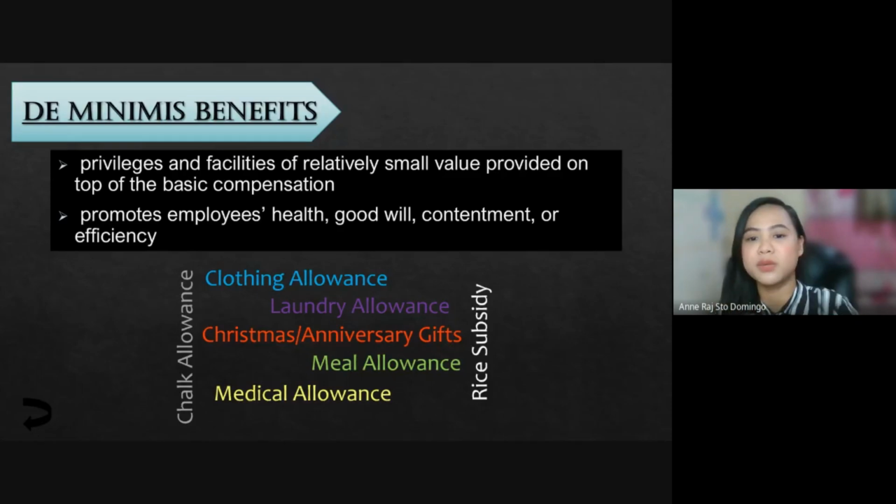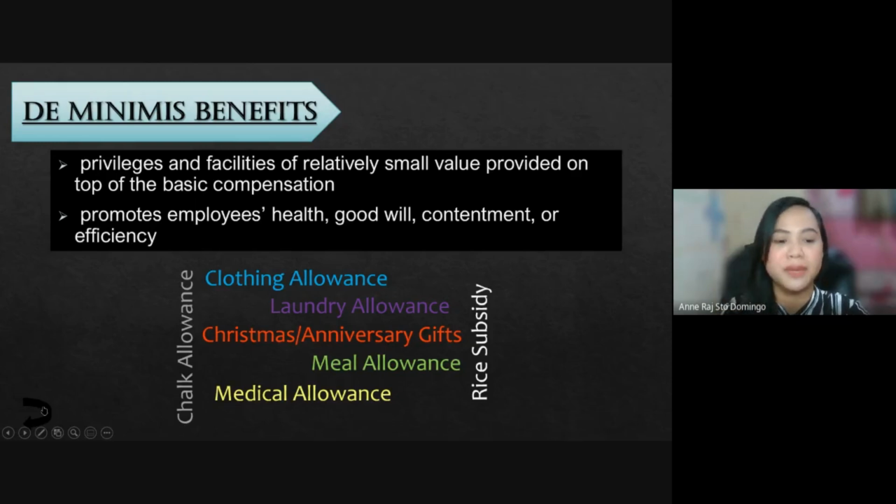This medical allowance is given to the beneficiaries or kapamilya ng mga employee. Kasi tayo, employee, meron nang PhilHealth or other HMO or health medical partners. Ayan yung mga samples natin ng de minimis benefits.